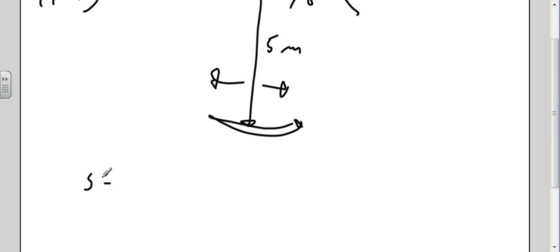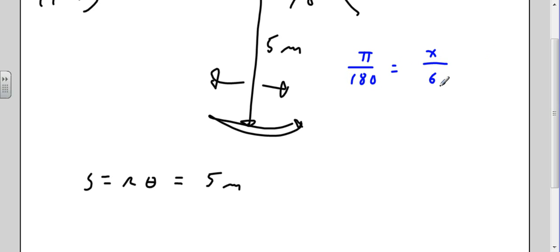All right, so the length of the arc is r theta. I know what r is, 5 meters, but I don't know what theta is. So I have pi radians in 180 degrees, which is equal to x radians in 6 degrees. So the 6 goes on top, and x is going to be pi divided by 30.